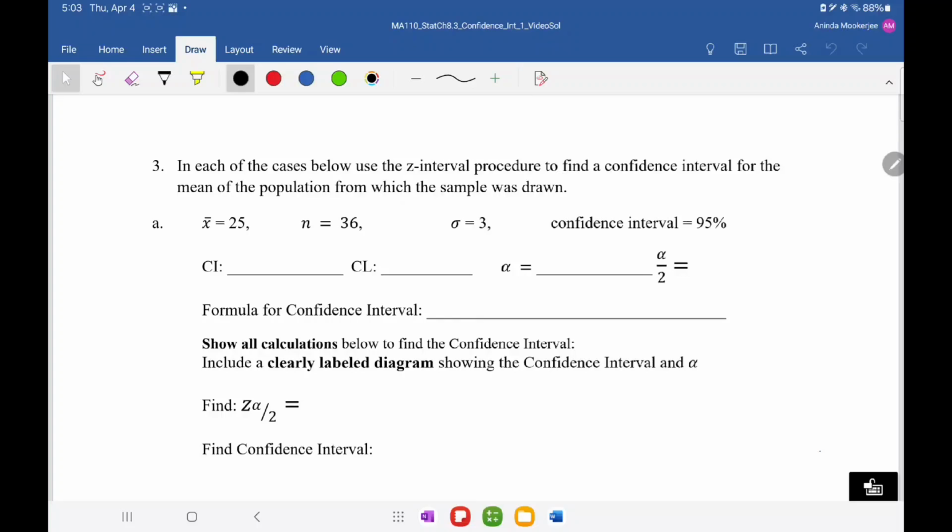It could be the z-interval or the t-interval, depending on whether they've provided us the population standard deviation or not. And also we would have to extract the data from the wording of the problem. But luckily for this one, we are already provided with the data.